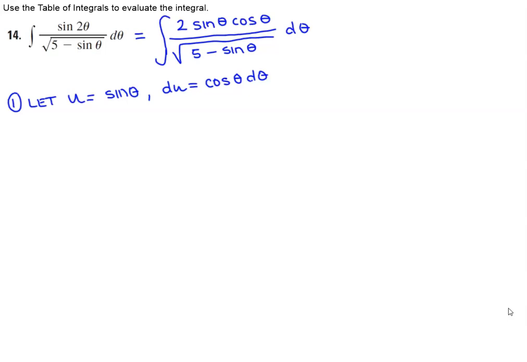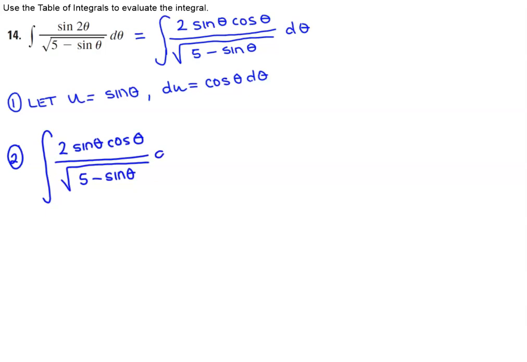So now let's go ahead and write our integral and then use our substitution. So we have 2 times the sine of theta cosine of theta divided by the square root of 5 minus the sine of theta d theta. So we can factor out the 2, the constant.